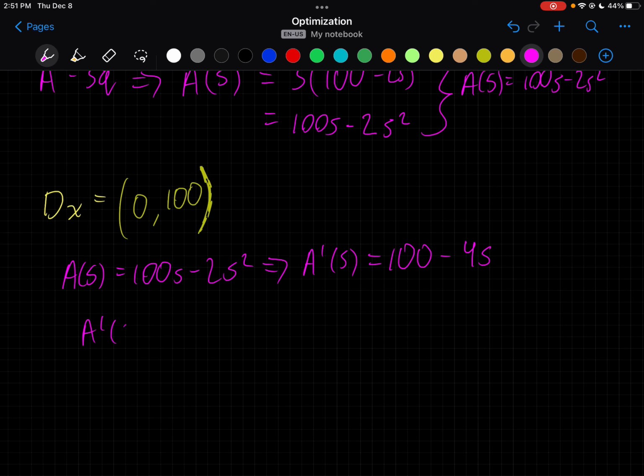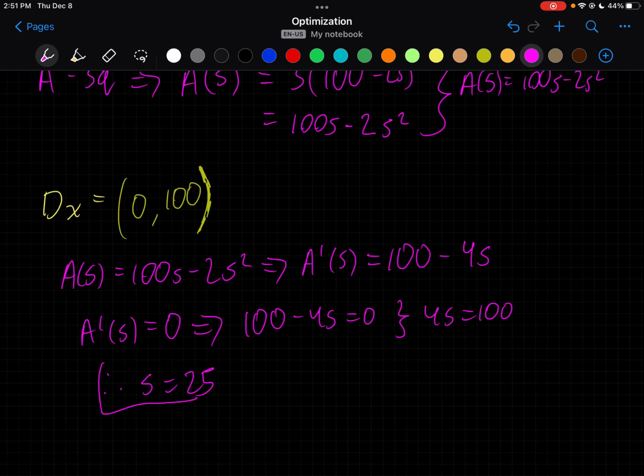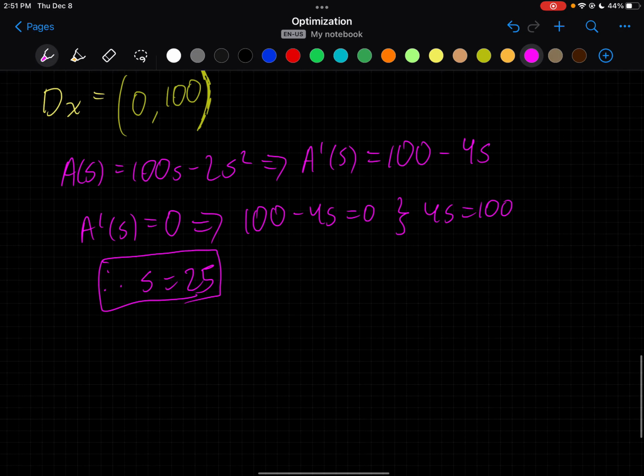A prime of s equals 0. Sorry about that. 100 minus 4s equals 0. You get that 4s equals 100. Therefore, s equals 25. Okay, that's our only critical point.